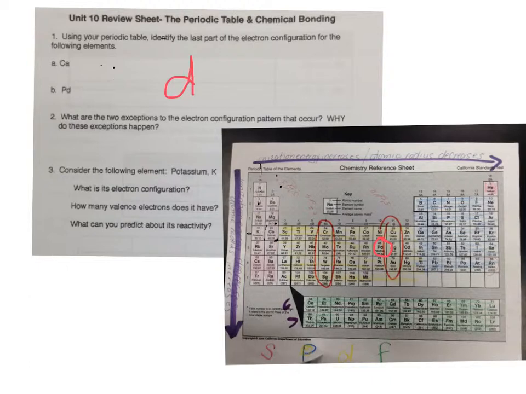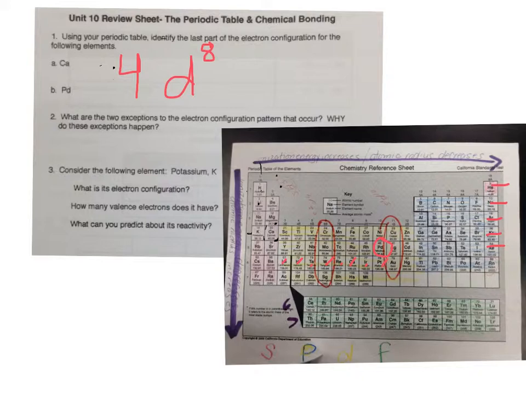How many spaces over? 1, 2, 3, 4, 5, 6, 7, 8. That means there are 8 electrons in the d shell. Now what level shell is it? It's in the 1, 2, 3, 4, 5th period, but the d shell falls 1 behind. So 5 minus 1, it ends with 4d8.